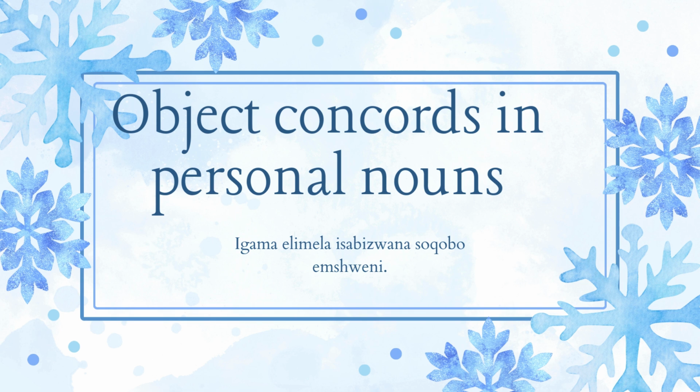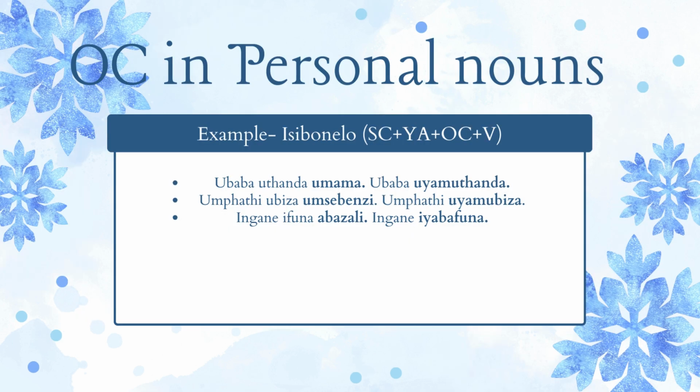How do we use them in personal nouns? So sebenzisa kanjani kwisabizwana soqobo emshweni in a sentence? We use the same formula ke, which is subject concord plus ya plus object concord plus verb, which is what we just learned on the previous slides.